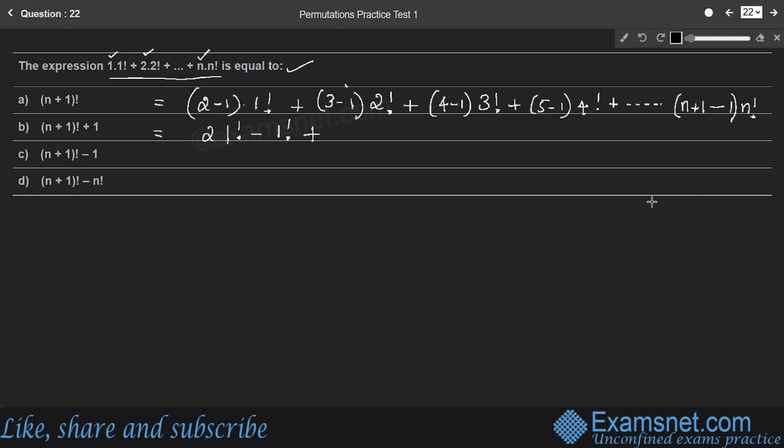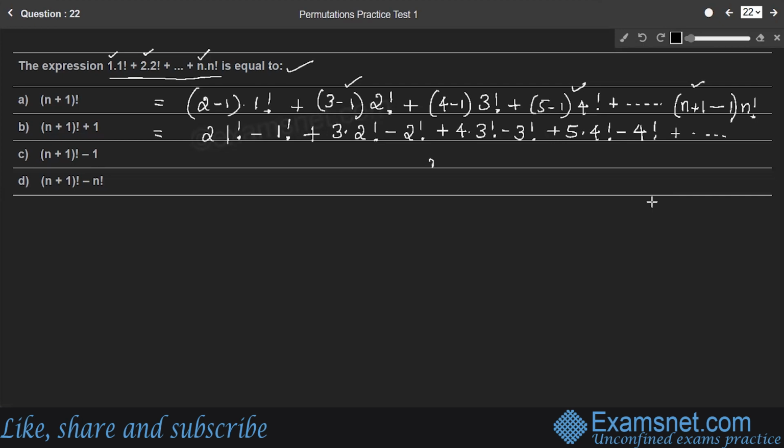Plus, consider the second term. Expand the terms: 3 into 2 factorial minus 2 factorial plus 4 into 3 factorial minus 3 factorial plus 5 into 4 factorial minus 4 factorial plus so on up to the last term.